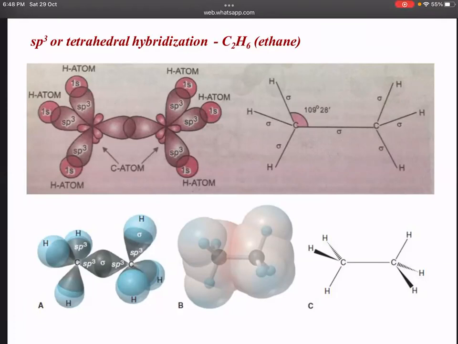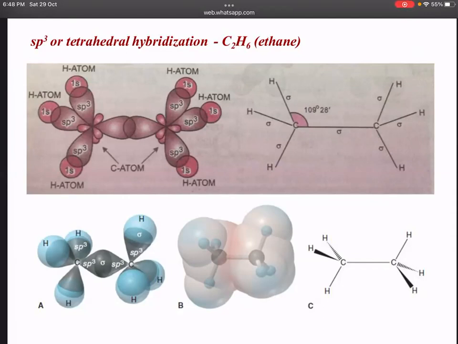You take a carbon atom. How many atoms are attached to it? 4 atoms. What is the hybridization? Very good, sp3 hybridization. So it will give a tetrahedron, so 1, 2, 3, 4.